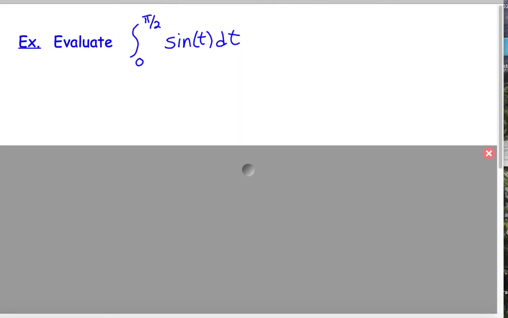We already worked with this one in the past, so let's see what happens now when we use the fundamental theorem of calculus. The antiderivative of sine is negative cosine. And we're evaluating from 0 to pi over 2. So I'm going to plug in the pi over 2. See, this is where I like using brackets or parentheses.